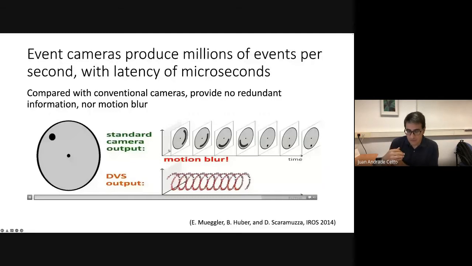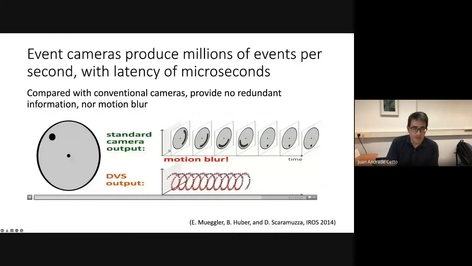Then we're trying to figure out if event cameras can be used also when you don't have this type of feature, or any kind of conventional feature. So we're trying to learn feature descriptors for event cameras, and we're also trying to estimate motion using different types of neural networks, in this case spiking neural networks.